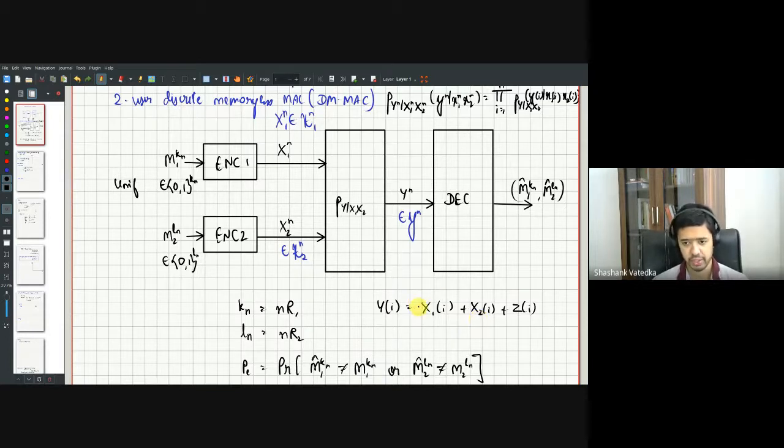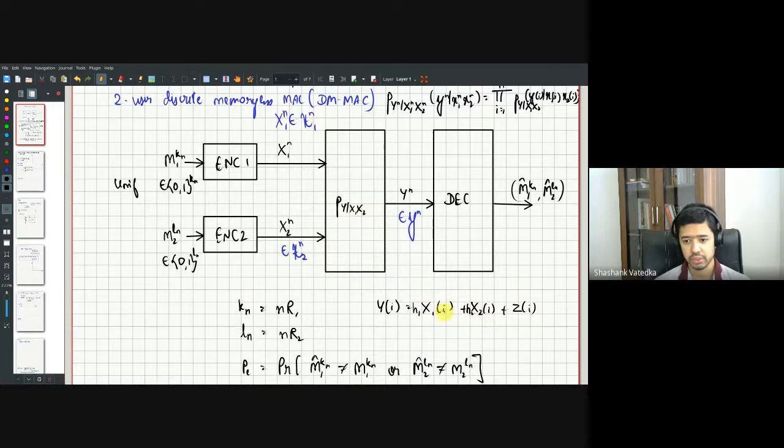If you wanted to complicate it a little more, you could say that it is h1 x1 of i plus h2 x2 of i plus z of i. So this is for i equal to 1, 2, 3 up to n, this is how the channel behaves. And that is exactly what I mean by py given x1, x2. For each channel use, this is exactly how it behaves.